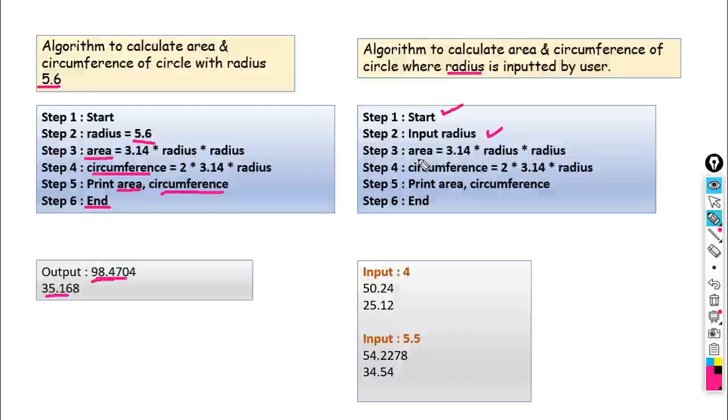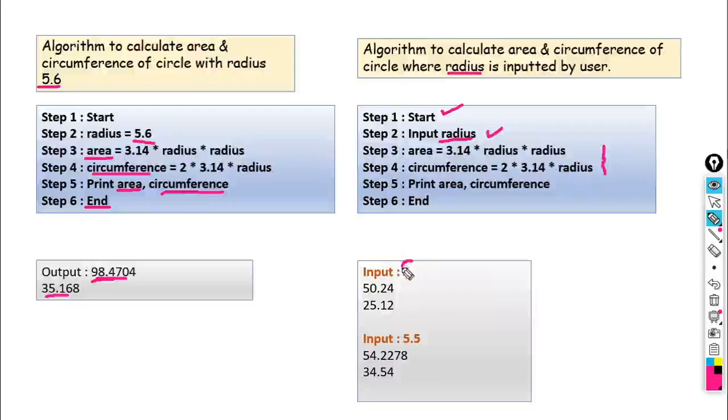Then what is the mathematical formula here? Area is equal to 3.14 into radius. The formula for circumference is the same. After entering these two assignment statements, we can print those values. So print area comma circumference. When we execute this, it will ask for the value of radius from the user.